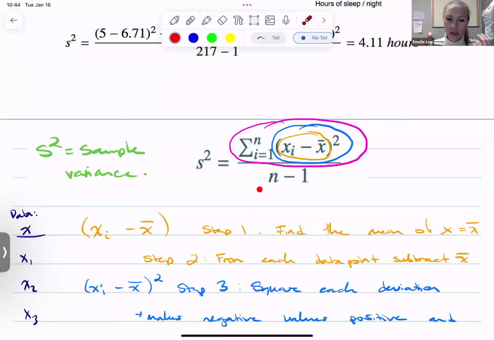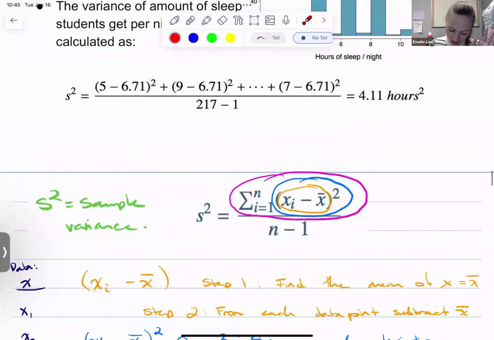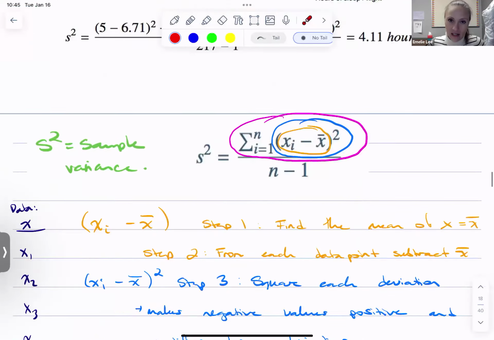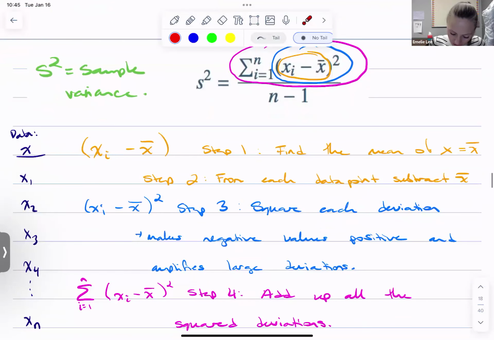There's a lot of theory going into why it's n minus 1 and not n. It's also the reason why the variance is roughly the average squared deviation from the mean. It's roughly because we divide by n minus 1 and not n, but it just gives us a better estimate. That's a fact and not something that we're concerned about in this course.